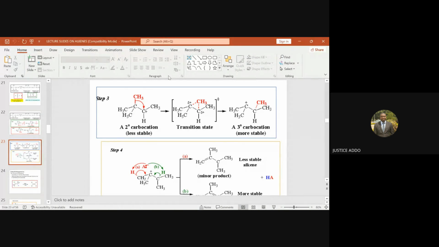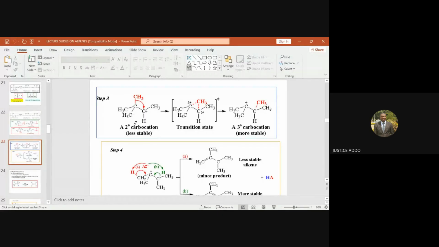So now, after forming the secondary carbocation, I have indicated here that it is less stable. So if it is less stable, how do we make it more stable?